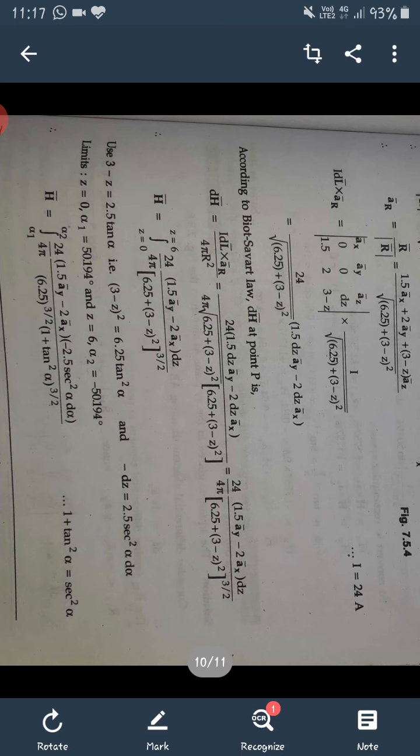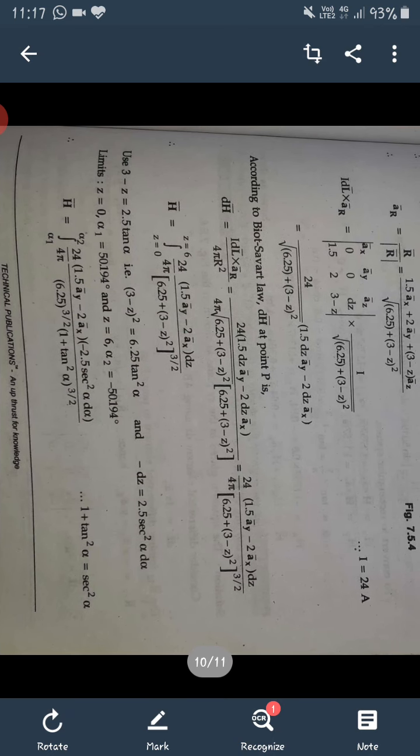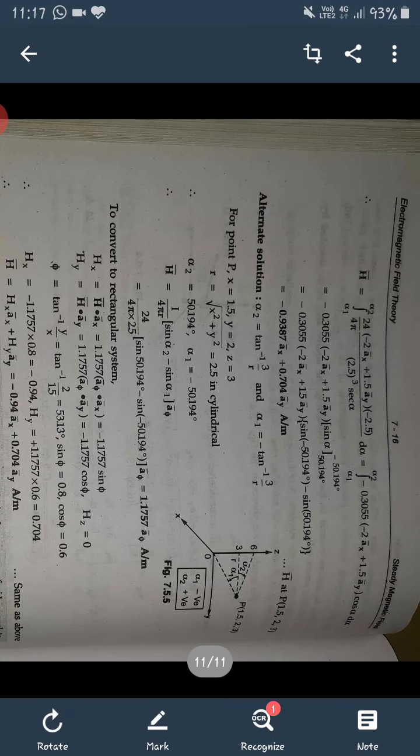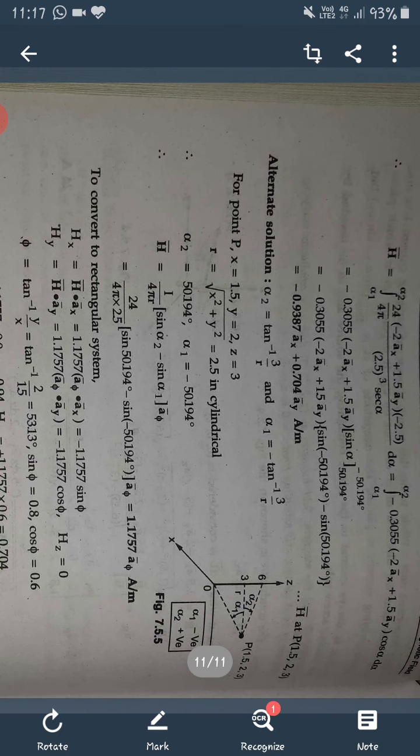The limits: z equal to 0, alpha1 equals 50.194, and z equal to 6, you get alpha2 equal to minus 50.194. Now substitute all these. You'll get the value of H as minus 0.9387 ax cap plus 0.704 ay cap ampere per meter. There is another solution, an alternate solution; you can just go through it.